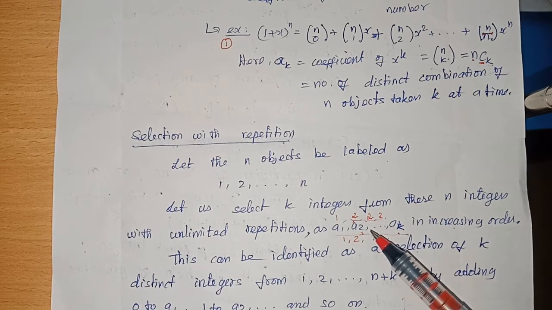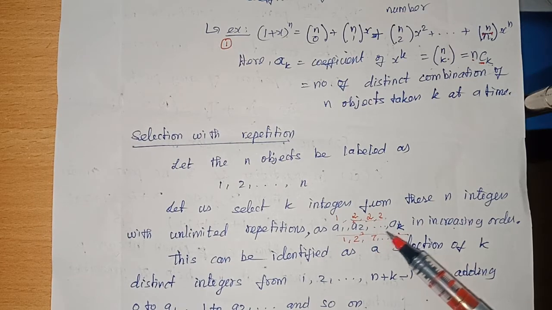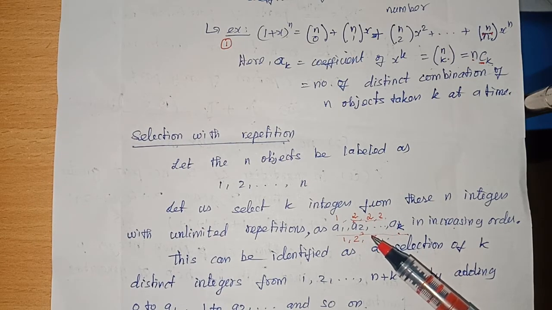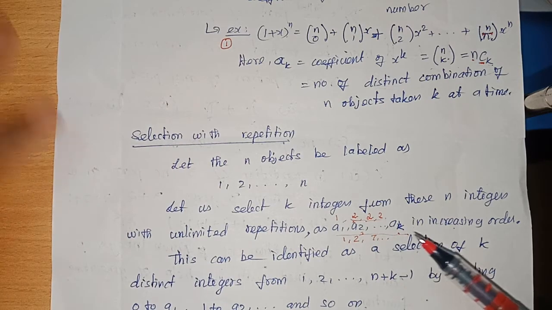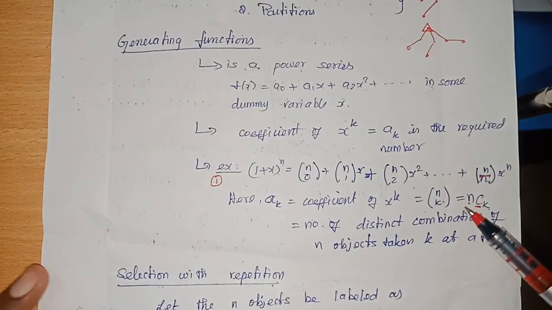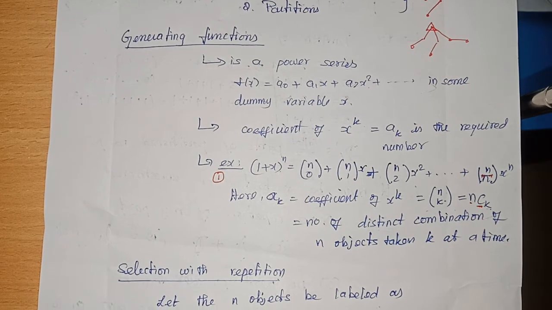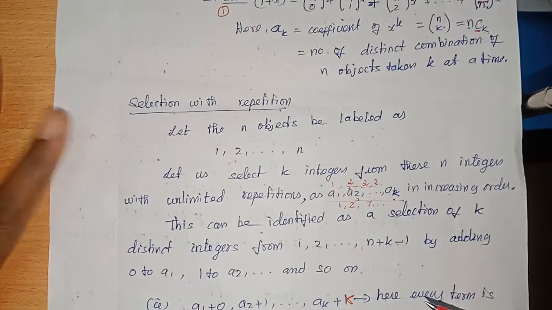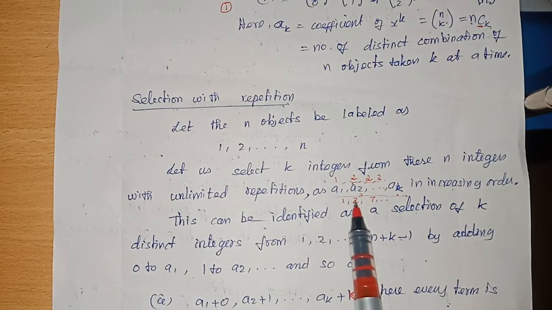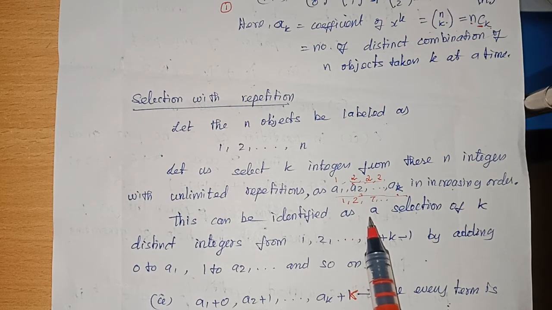But I am going to convert this sequence to a sequence of numbers which are all different. When they are different, I can move on to this concept and make use of this formula. So I am going to convert the repeated numbers into distinct numbers, otherwise called different numbers. What's the procedure I am going to apply in order to convert these repeated numbers?